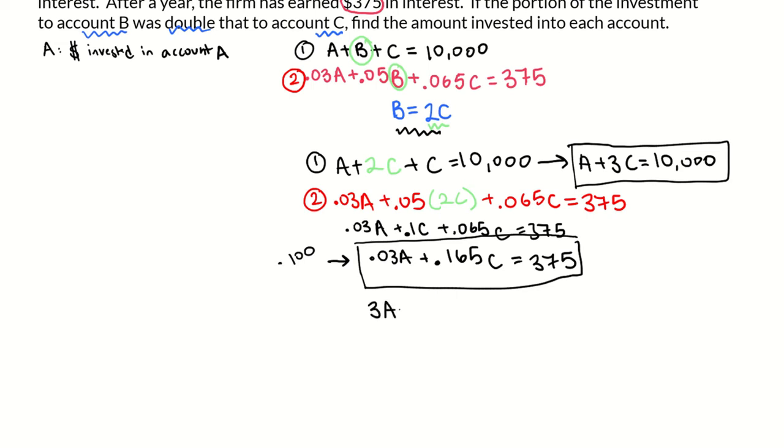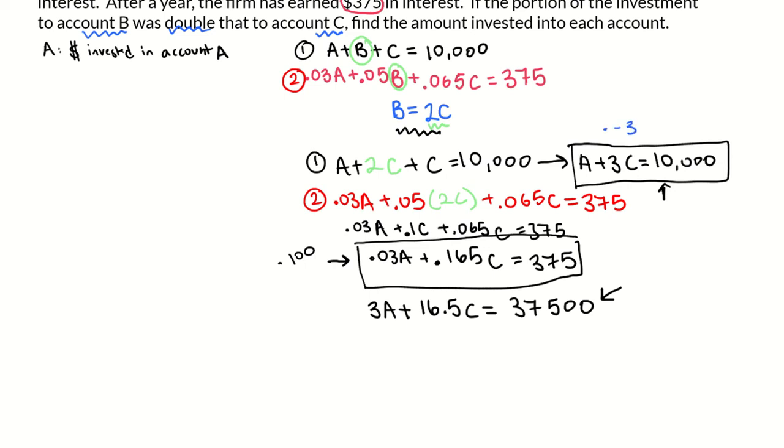That would turn this into 3A plus 16.5C equals 37,500. Okay, so now we have this equation and this one. We could eliminate A from those equations by multiplying this first equation by -3.